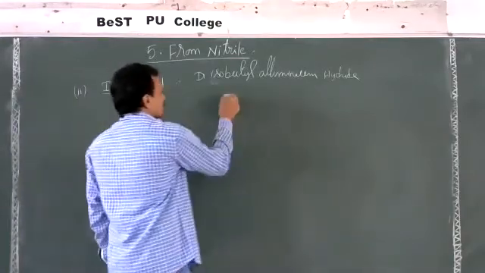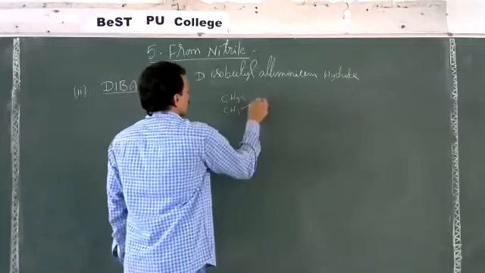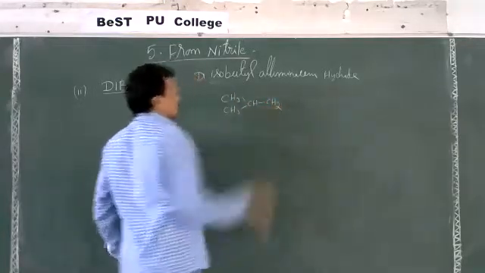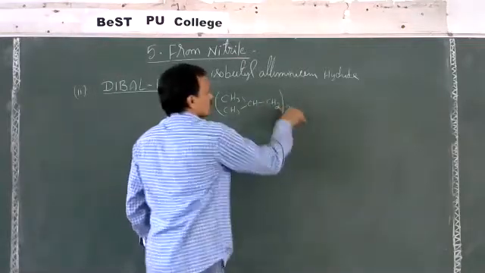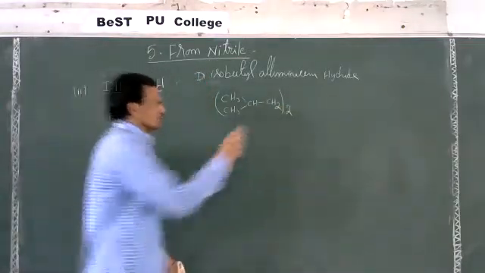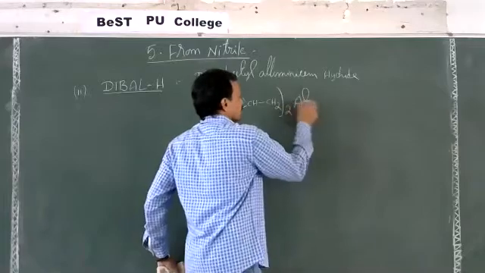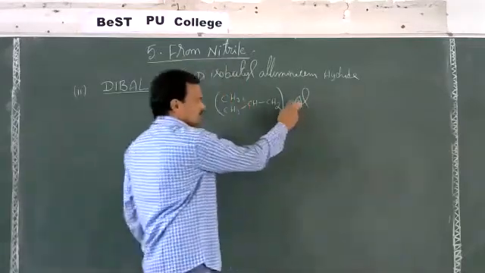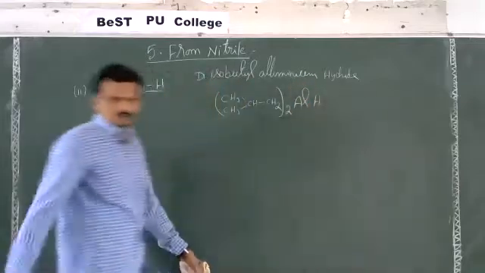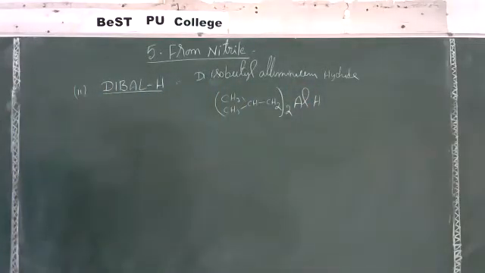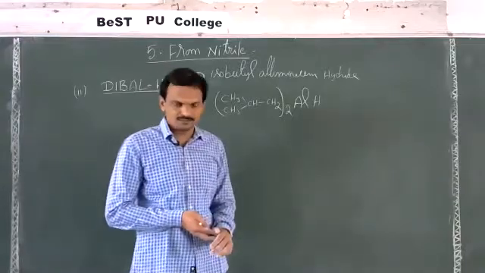Diisobutyl: what is the isobutyl group? This is the isobutyl group. Di, again twice. Aluminium, Al. Hydride. Aluminum valence is 3. Out of 3 valences, 2 are satisfied here, so the third valence is satisfied by 1 hydrogen. So this is known as Dibal H, diisobutyl aluminum hydride.